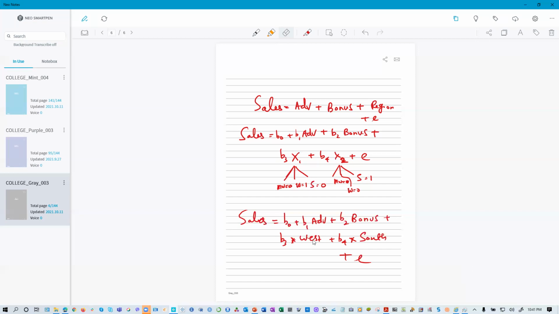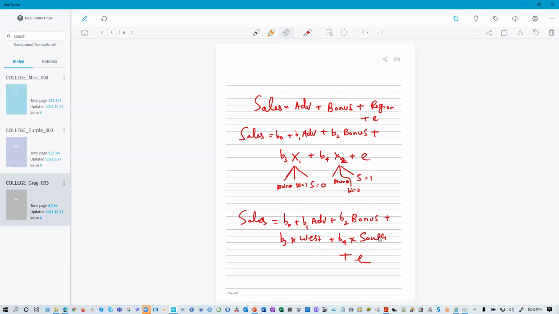Then you can see how much sales each region is going to have. If you want West, what are you supposed to do? In order to check the sales, you put 1 here. X1 means West, X2 means South. Put 1 here, 0 here, and the rest stays the same, and then you reduce that equation to the one that we know.